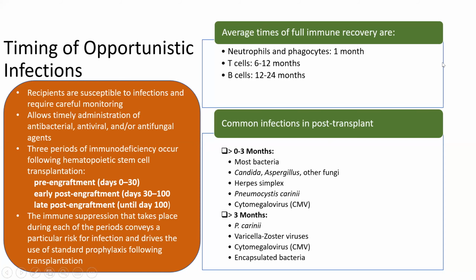And all of this is dependent on when the cells start to actually recover. So fortunately, neutrophils and phagocytes tend to recover quicker than the B cells and T cells, and hence the viral infections tend to be the problem in the post-transplant period.